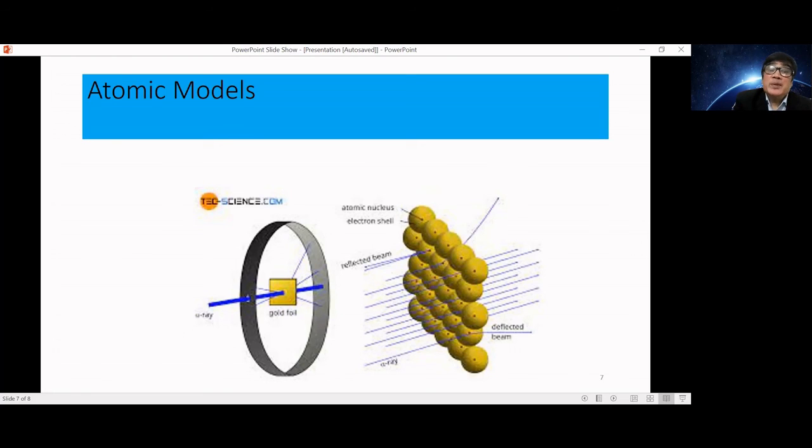So the conclusion for this experiment, the gold foil experiment, is that most of the atom is empty space and nucleus is positively charged, as we now know that the nucleus contains protons, which is positive. And the center, which the nucleus, is very massive, as observed by the third conclusion.